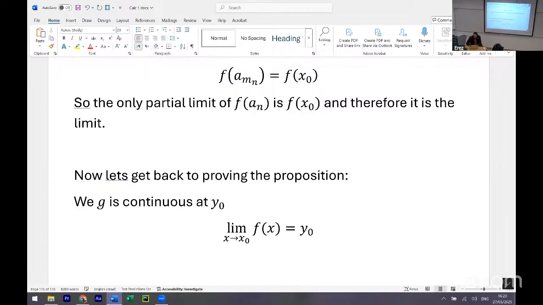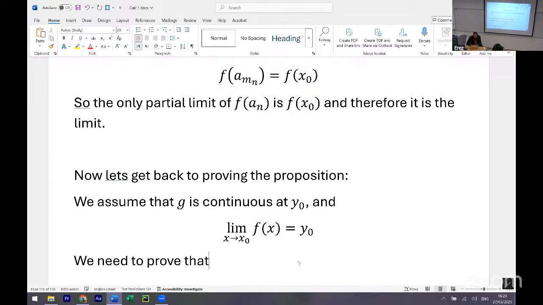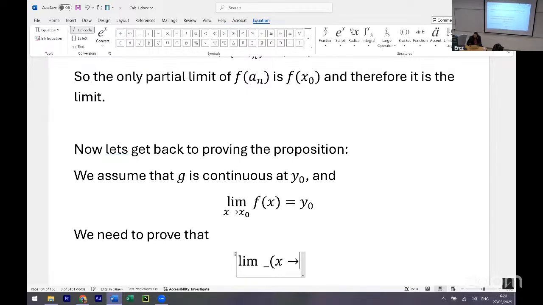What we need to prove is that the limit as x approaches x0 of g of f of x is g of y0. That was the claim, and now we need to prove it.